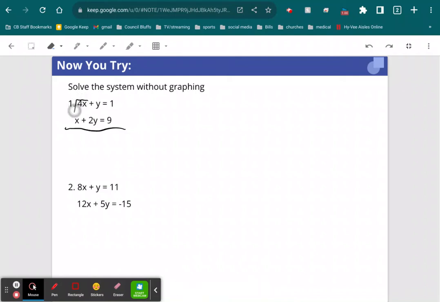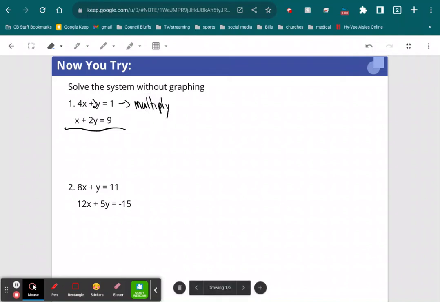I can look at the x's, in other words, multiply the bottom equation by 4 to get a 4x, or I can multiply the top equation by 2 in order to get 2y and 2y. It doesn't matter which one you choose. I'm going to choose to multiply the first equation by 2.